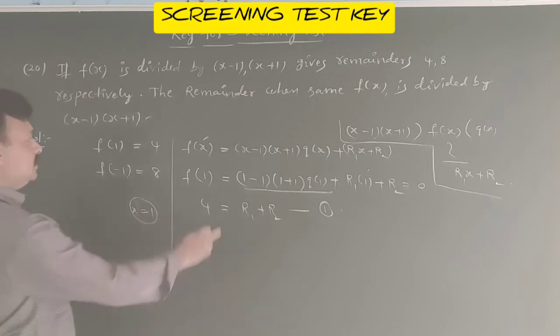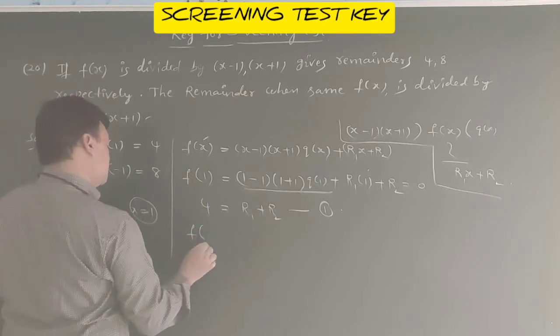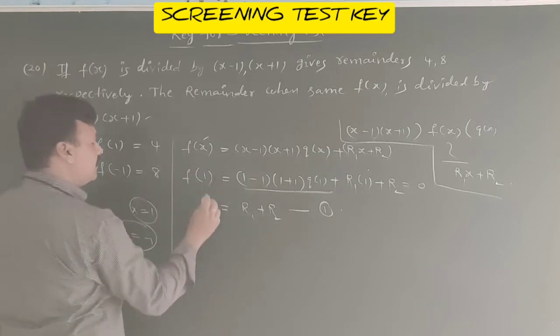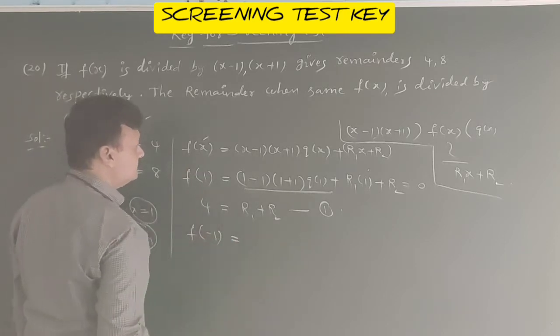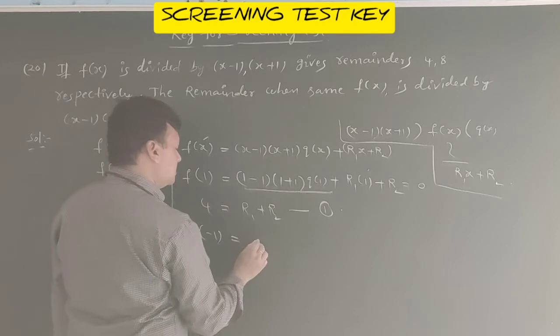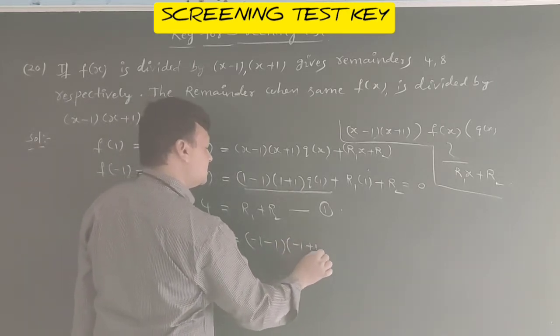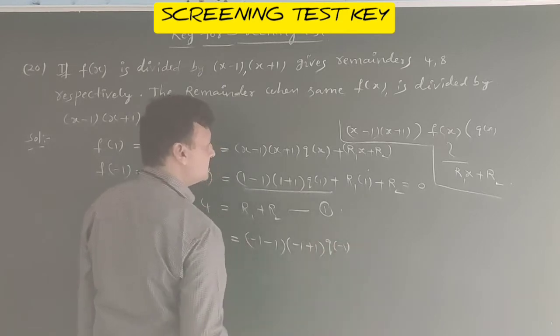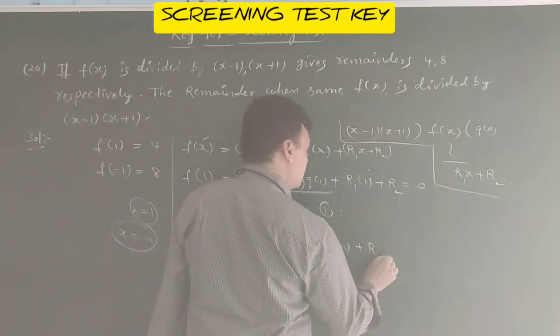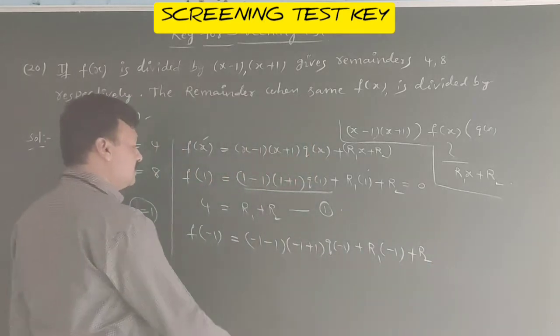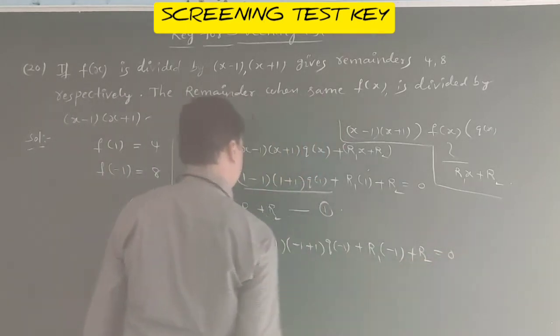Next, from here, instead of x substitute minus 1. F of minus 1 equal to, here minus 1 minus 1, here minus 1 plus 1, q of minus 1 plus R1 into minus 1 plus R2.